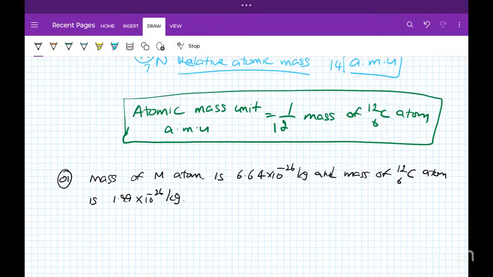Find the relative atomic mass of capital M.